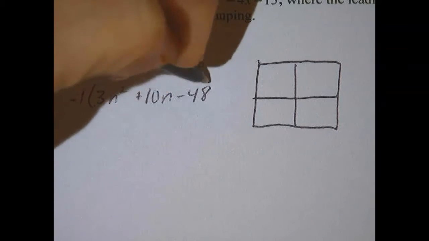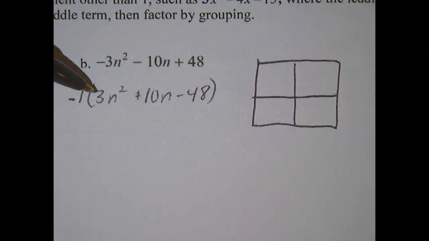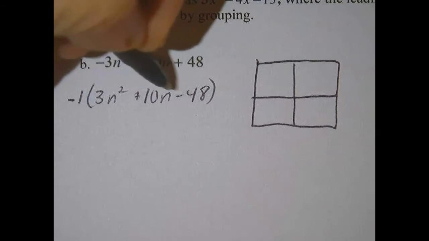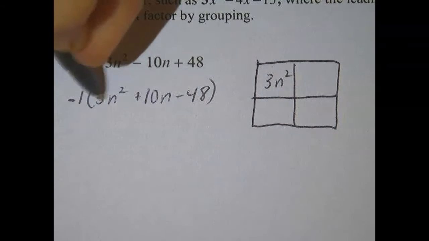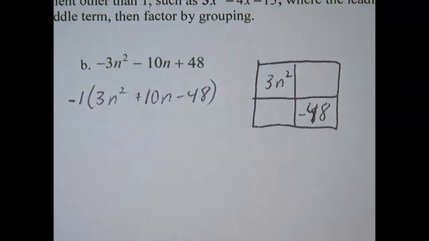I always prefer to factor with a positive first term no matter what method I'm using. So I have 3n squared in the top left and negative 48 in the bottom right.